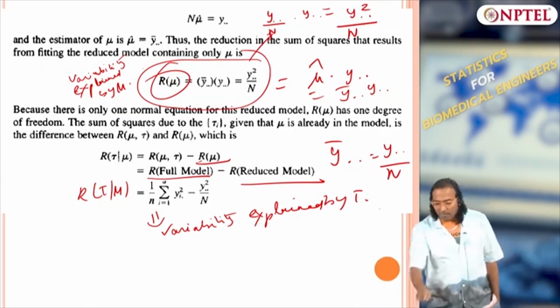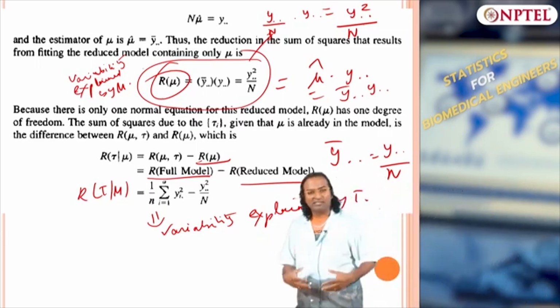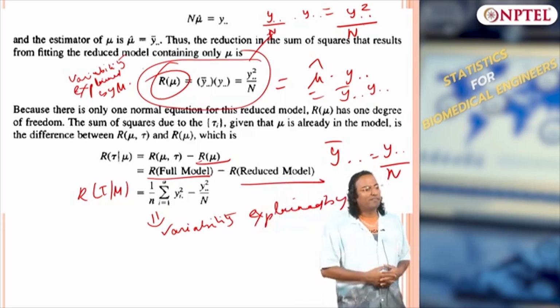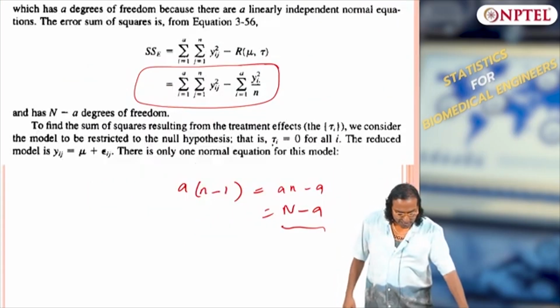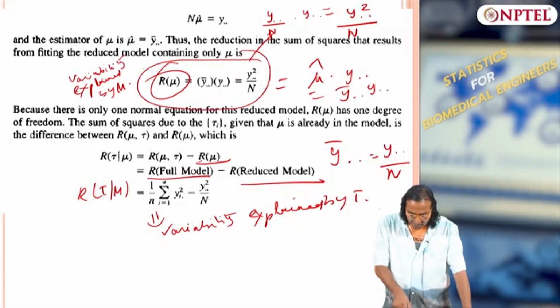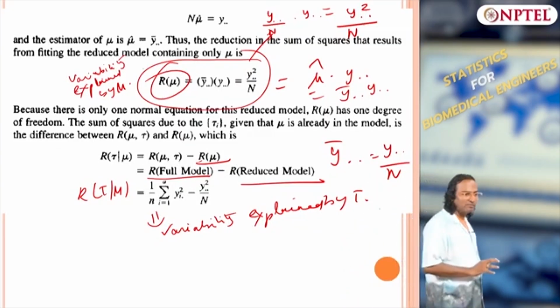And what is the variability explained due to tau alone? That is nothing but the total variability explained minus the variability due to the mean mu. So the total variability explained, I have this equation R(mu, tau), minus R(mu), that will give me the variability due to fitting of tau i.